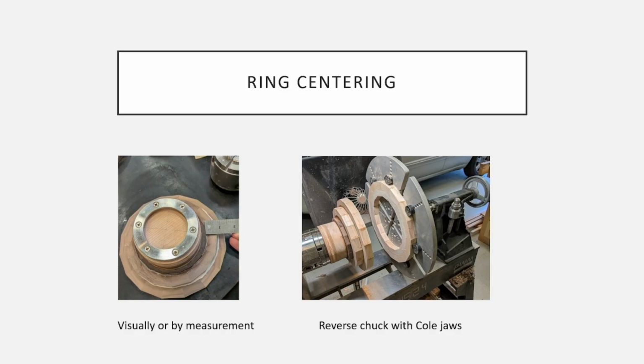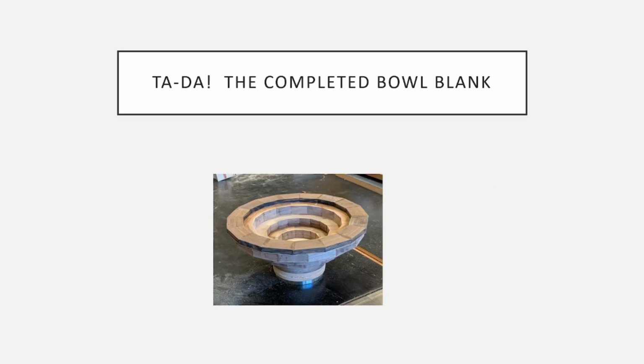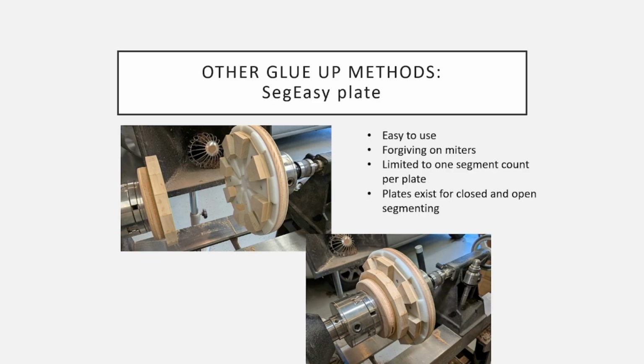Okay. But other than that, you do that 5 times, and you're done with this bowl. You've got a bowl blank, and it looks like this. And now, after a day of gluing stuff and waiting for the glue to dry, you're finally ready to turn. Okay.